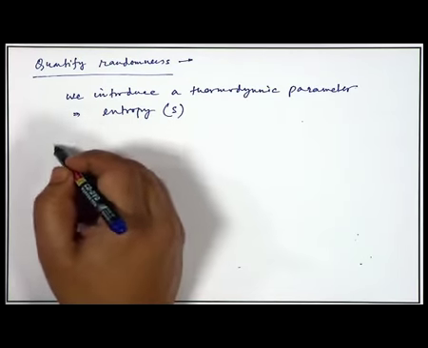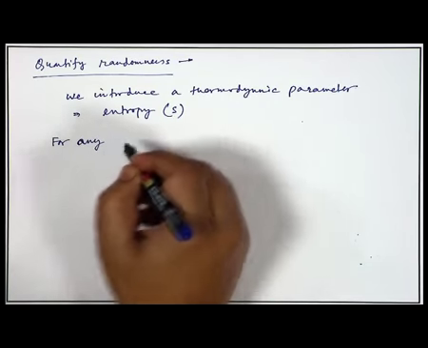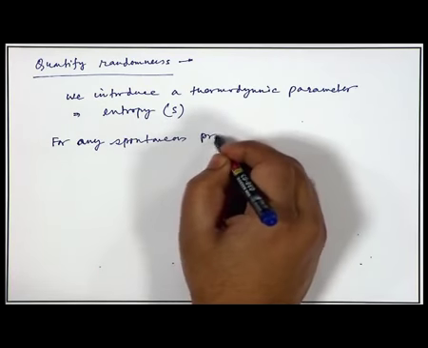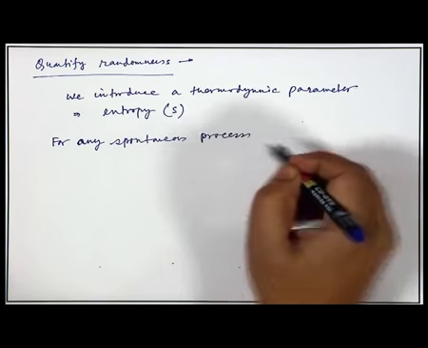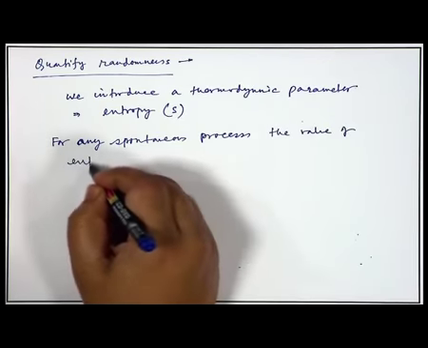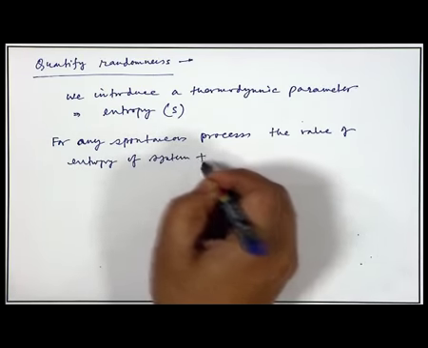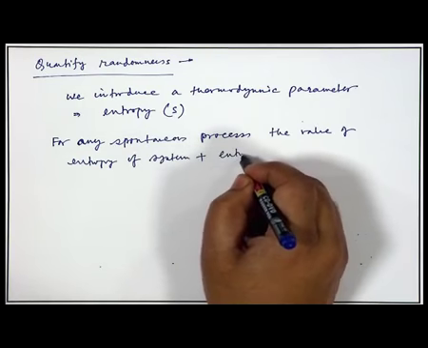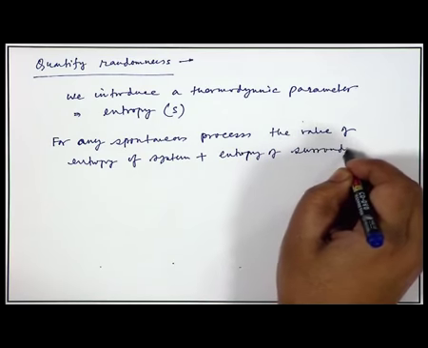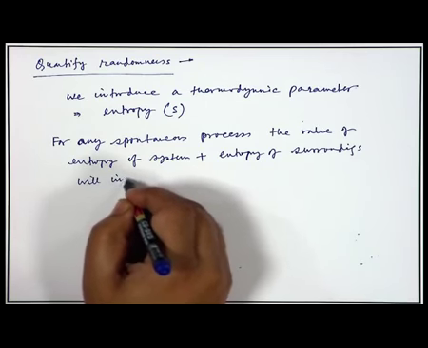Now we can write that for any spontaneous process, the entropy of the system plus the entropy of the surroundings will increase.